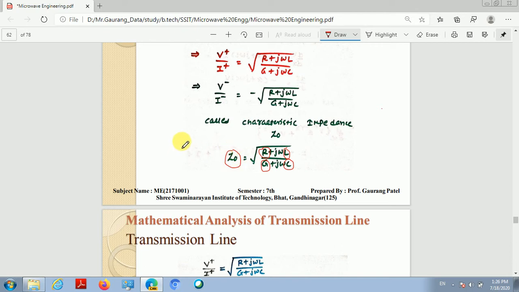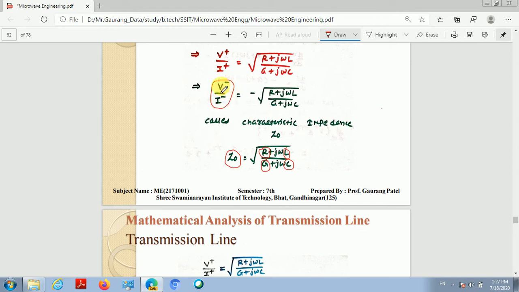And sometimes this Z0 is already given in the data sheet of the transmission line. So whenever we have the data sheet of the transmission line, it contains the value of Z0. Once we have the value of Z0, we do not have to depend on R, L, G and C in order to compute Z0. Similarly, V minus divided by I minus is nothing but minus Z0.